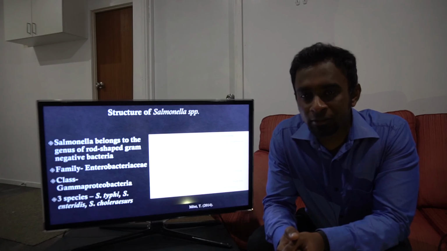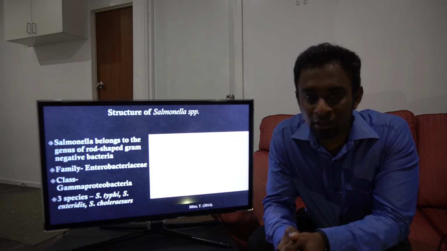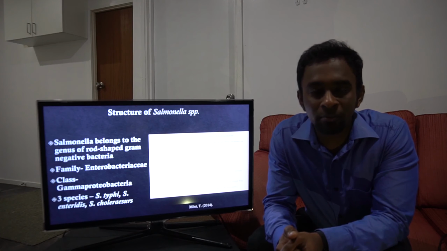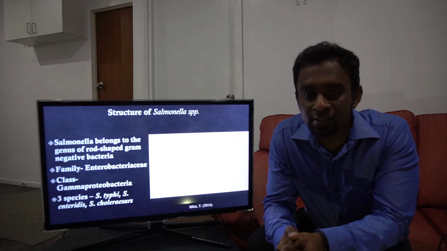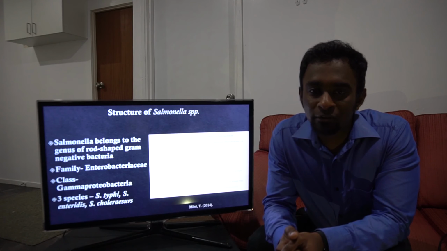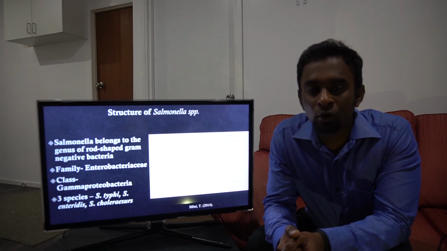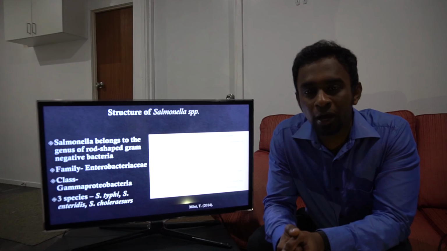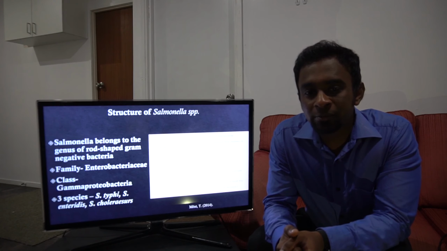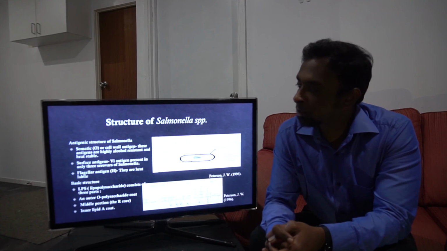O antigen occurs on the surface of the outer membrane and can be determined by some specific sequences on the surface of the cell. Vi antigen is a superficial antigen overlying the O antigen, and it is present in a few of the serovars, especially in S. typhi.